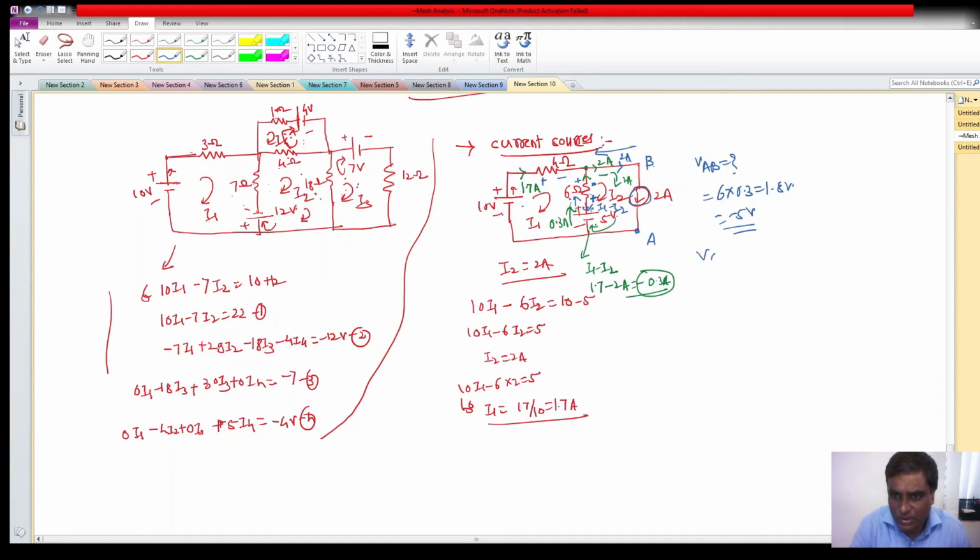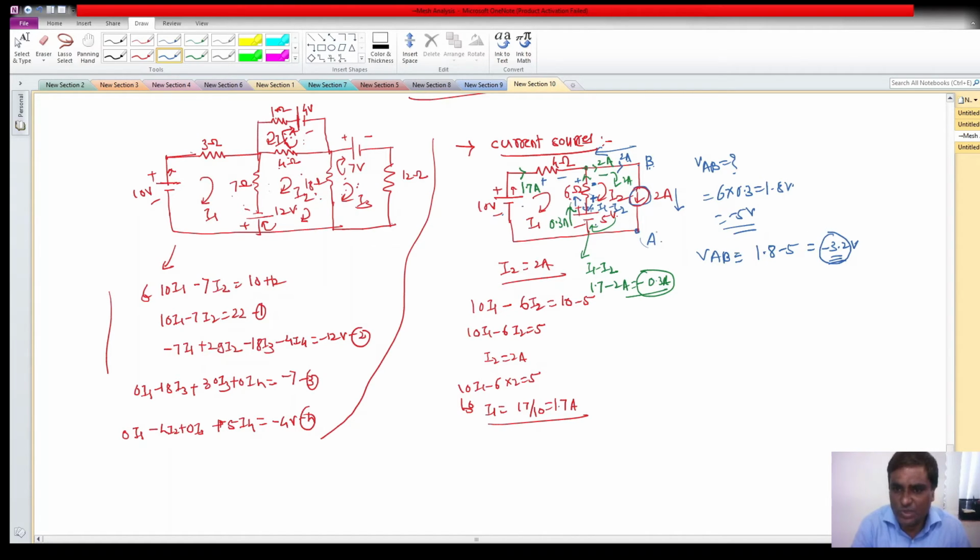Okay. So how much is VAB, which we have assumed in this direction like this? VAB means the potential difference between A and B, where the potential is higher at A with respect to B. So VAB will be 1.8 minus 5, which is minus 3.2 volts. Observe that it is negative. Okay.